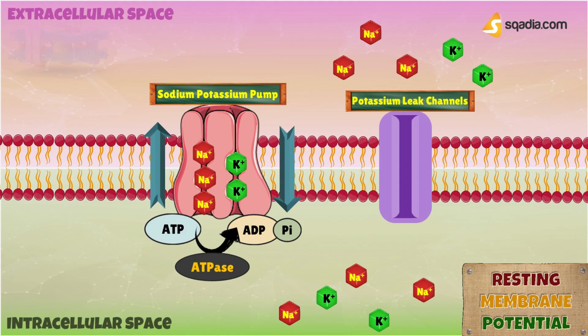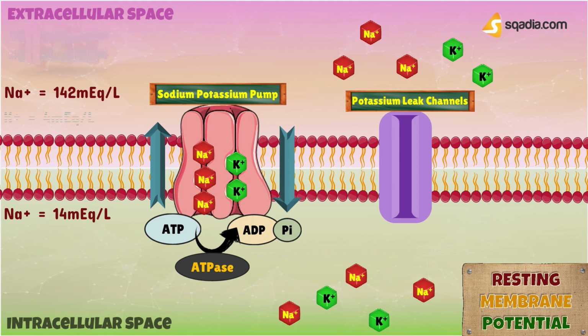There are specified values of sodium and potassium outside and inside the cell. Sodium ions outside the cell are 142 milliequivalents per liter. And sodium ions inside the cell are 14 milliequivalents per liter.